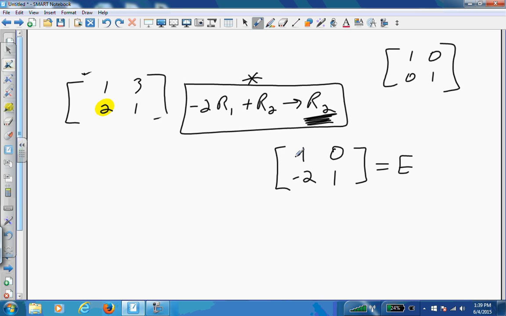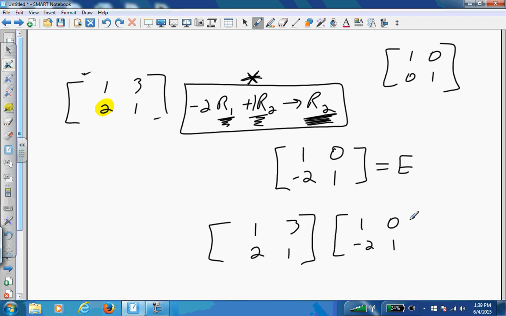Now, we have two choices. We can either put this in front or behind our original matrix. And the question is, which side does it need to be on such that we get this to happen? We're wanting the -2 to be multiplied times the first row, and just a 1 times the second row. So let's suppose we put it here. Then to multiply, we do row times column.